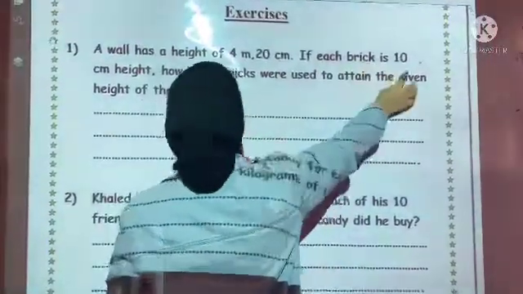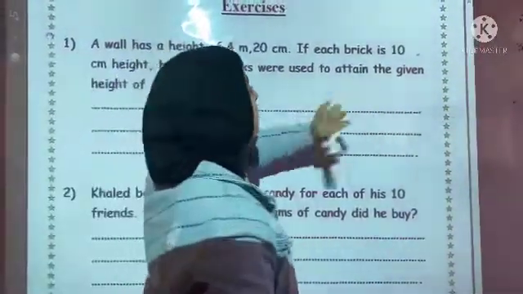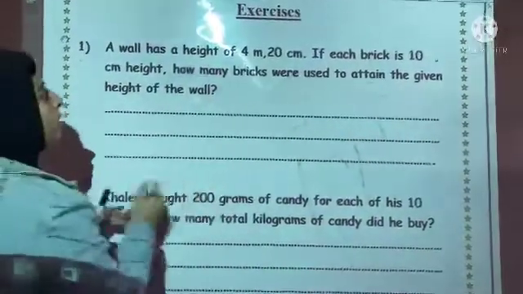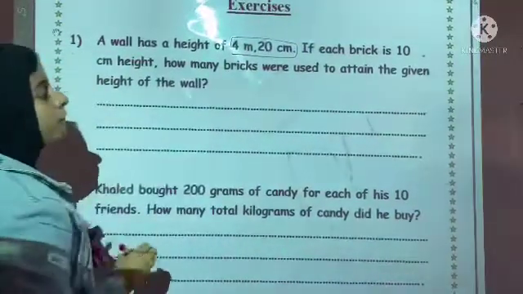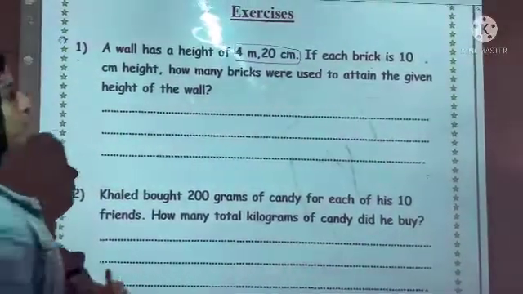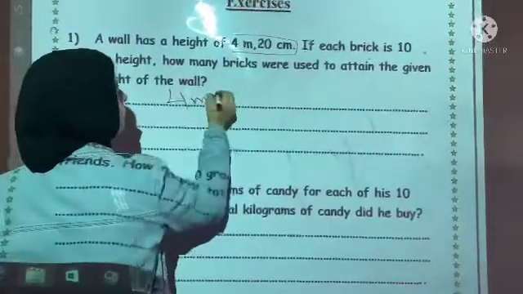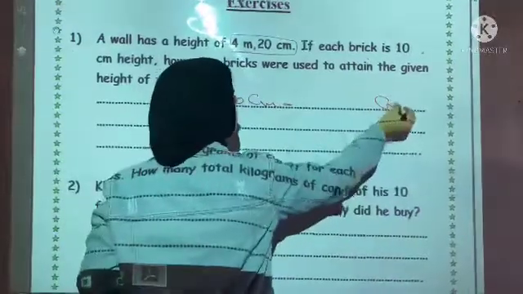If each brick is 10 centimeters high, how many bricks were used to attain the given height of the wall? So the whole height is 4 meters and 20 centimeters.